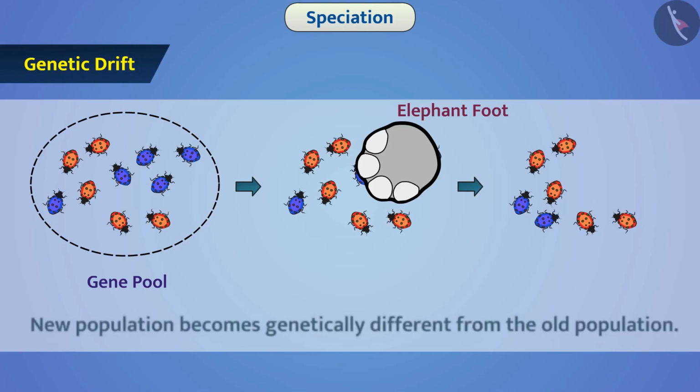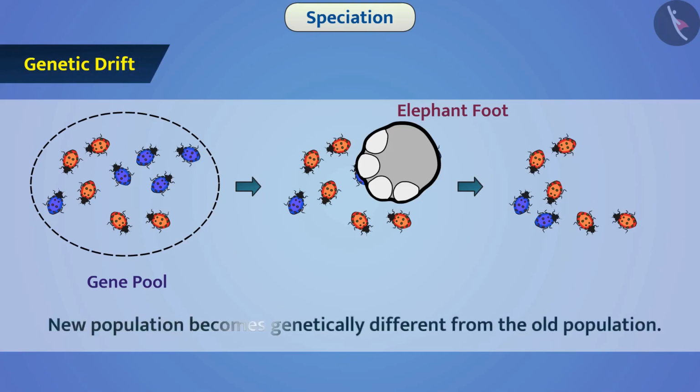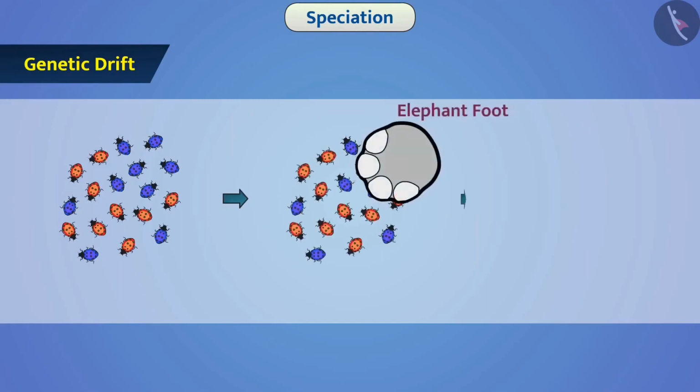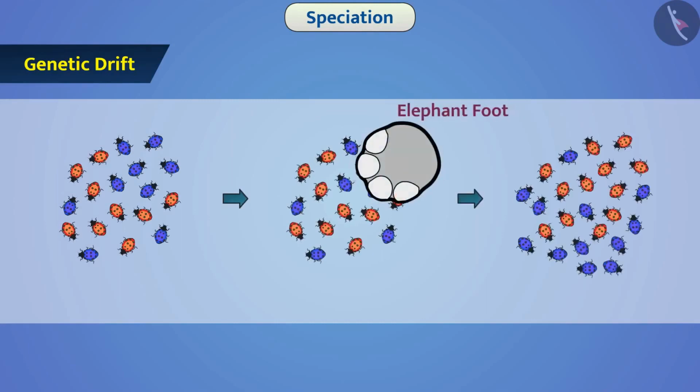Due to this, the new population becomes genetically different from the old population. Often, the evolution of the new population takes place such that there is development of a new species. If the population of the organism is large, then there is negligible impact of random events on the allele frequency. Hence, in such cases, we cannot see genetic drift.